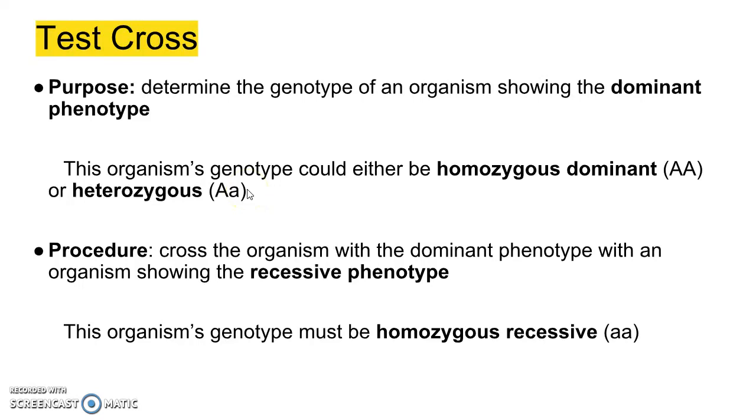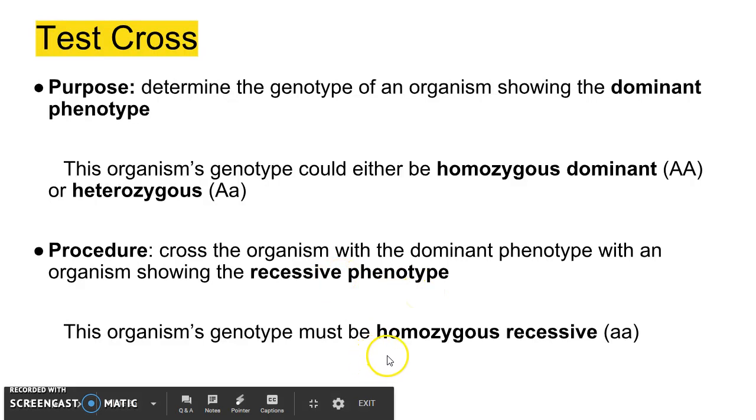Either way, that parent would show the dominant physical trait. So if we're trying to figure out which of these two genotypes that dominant parent has, we can cross that parent with a second parent that has the recessive phenotype. Why do we do that? Well, we know that second parent can only have the homozygous recessive genotype, little a, little a, if they're going to show the recessive phenotype.